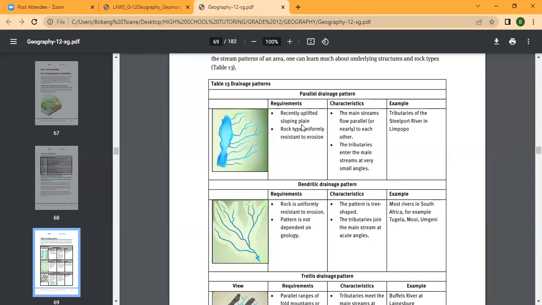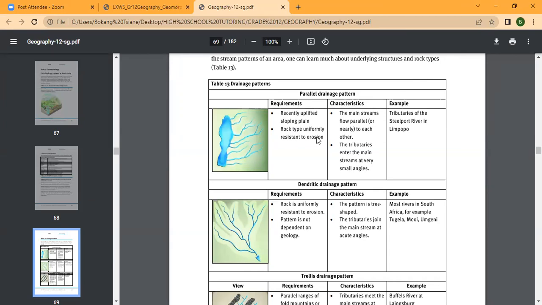So a parallel drainage system means that the streams are running parallel to each other, almost at an angle of 180, because they form a straight line parallel to each other. And then the requirements for them, we need a rock type that is uniformly resistant to erosion, because if we have a rock in this area and erosion happens at different rates, then at some areas, the rock will be more eroded and hence more deep.